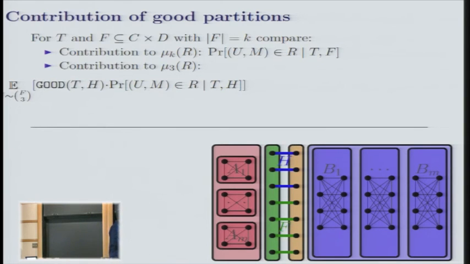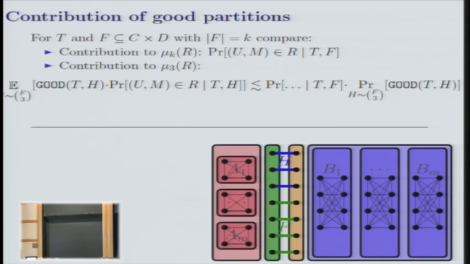The important thing is that if we have a good pair, then it doesn't matter what you condition on here. If you condition on only that you contain only those edges, or you contain all of them, it doesn't actually matter up to an epsilon factor. So we can essentially replace the h with f.